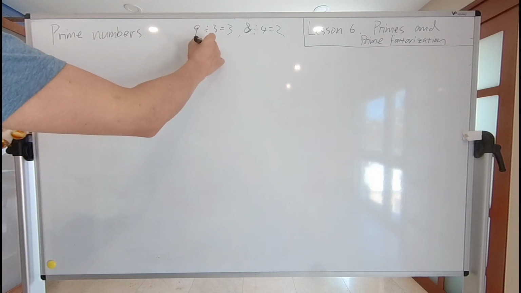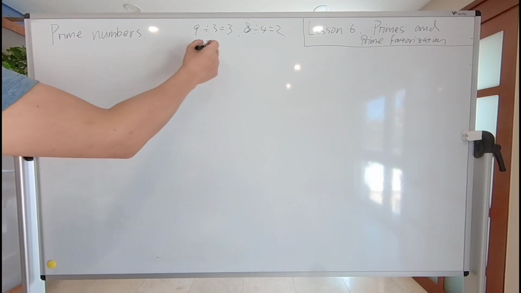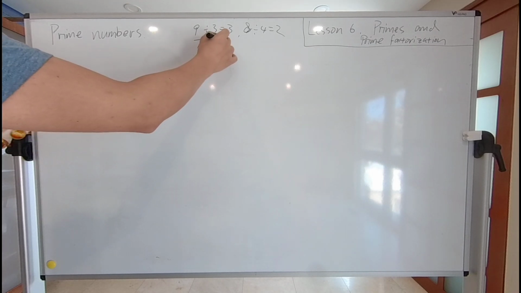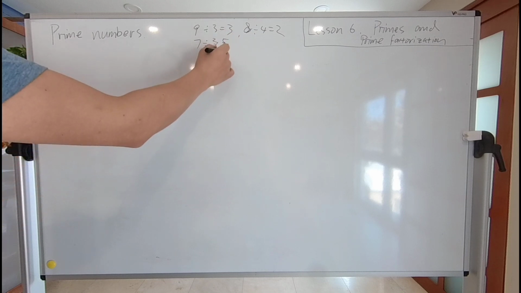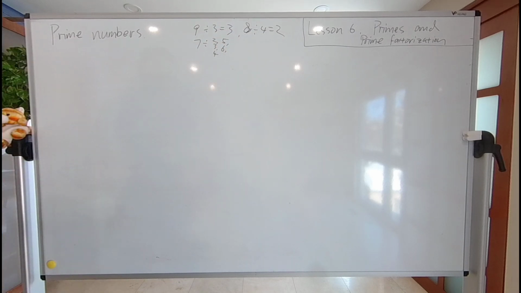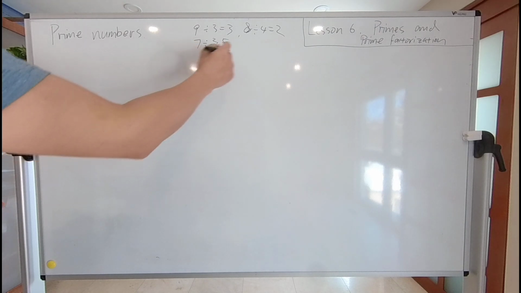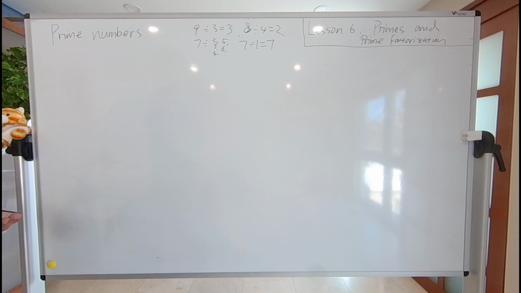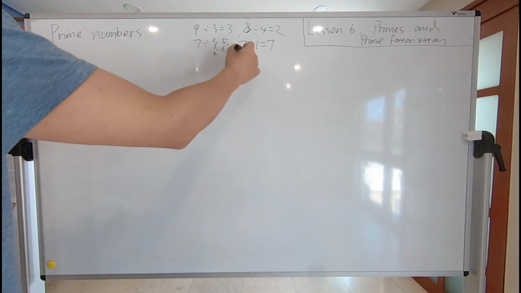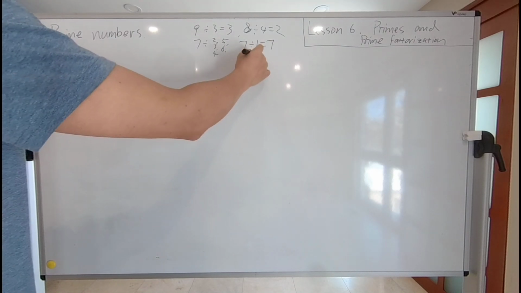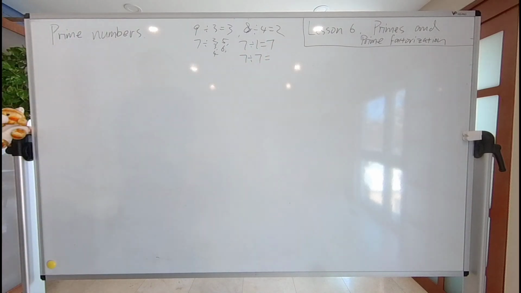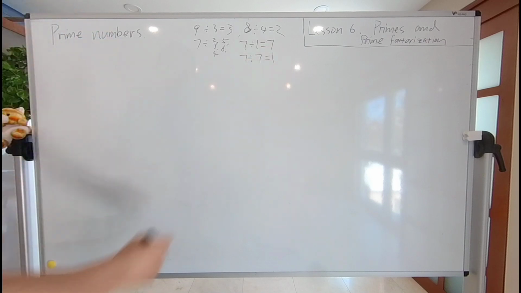For example, 7 cannot be divided by 2, not divisible by 3, not by 4, not by 5, not by 6. Of course every number is divisible by 1, and this number can also be divided by 7, which is itself, and the result is always 1.